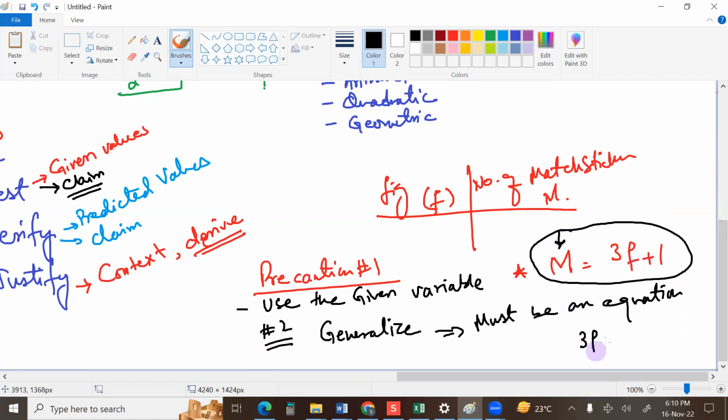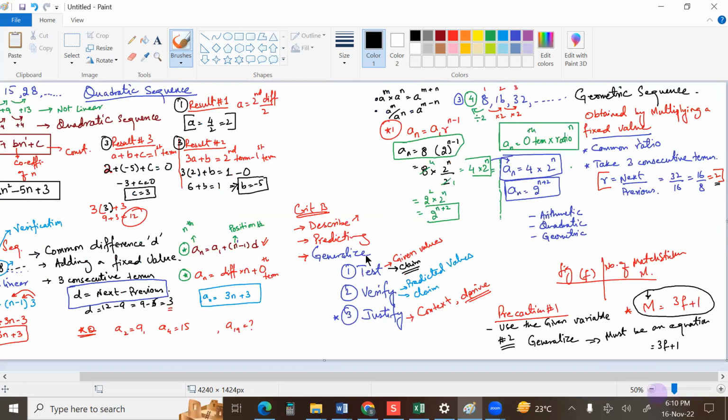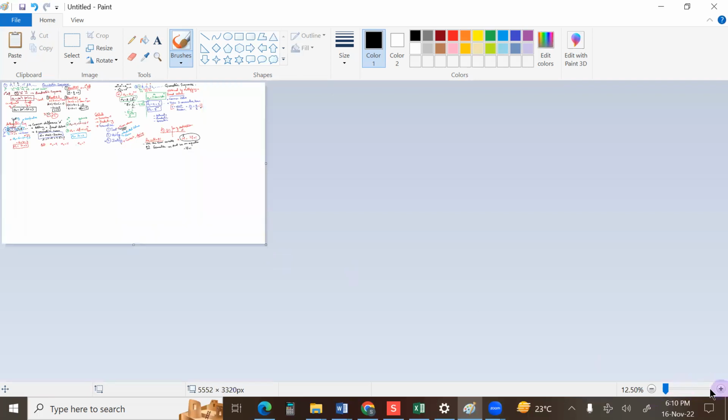So if you write 3F plus 1, you do not get full marks for generalization. If it is 4 marks for generalization, definitely you will get 3 marks because you are yet to write the relationship between the two variables concerned. 3F plus 1 is nothing in itself unless you say that the number of matches is equal to 3 times the figure number plus 1.